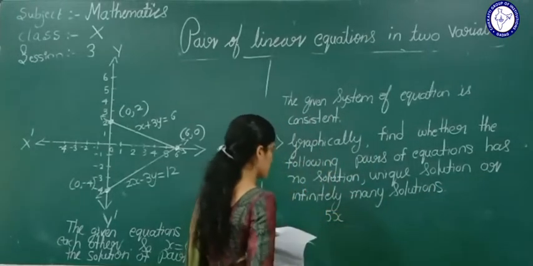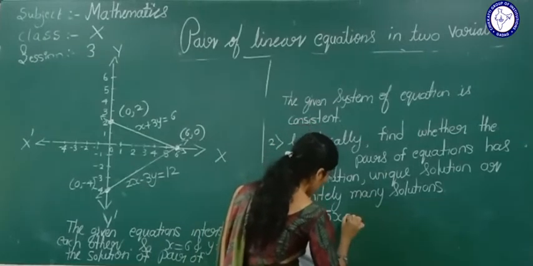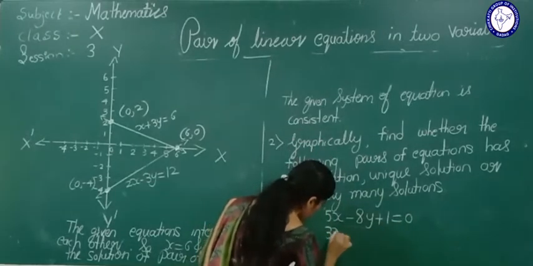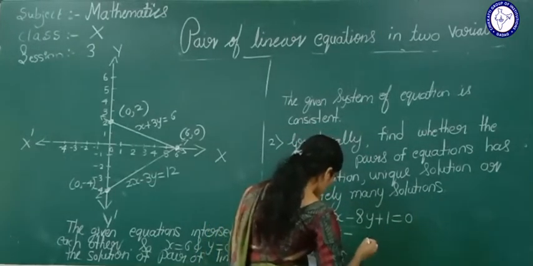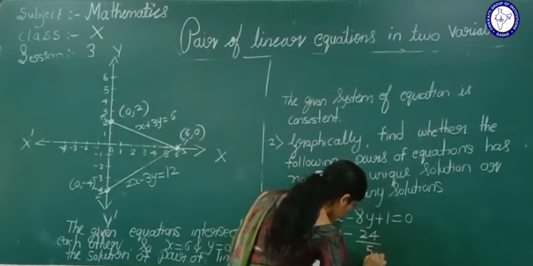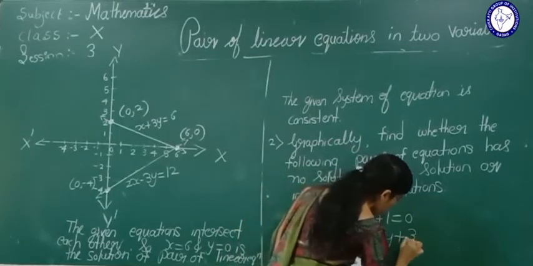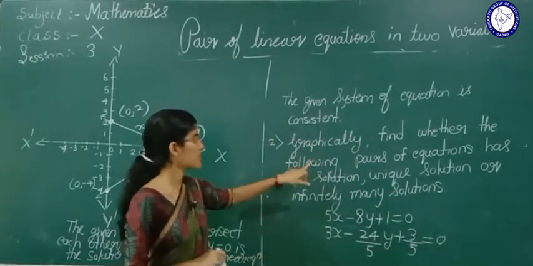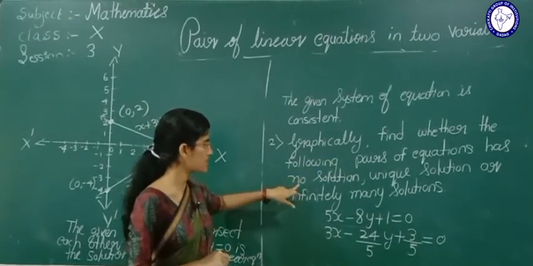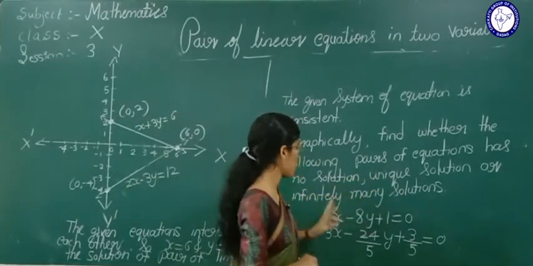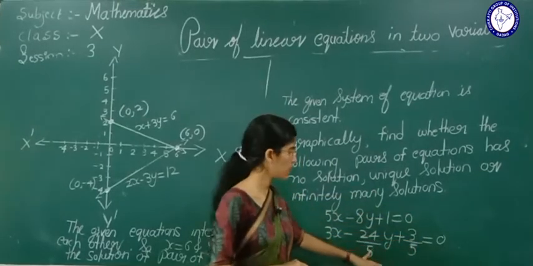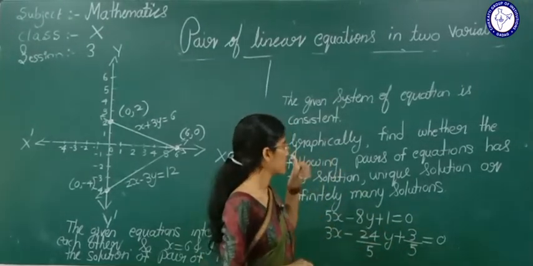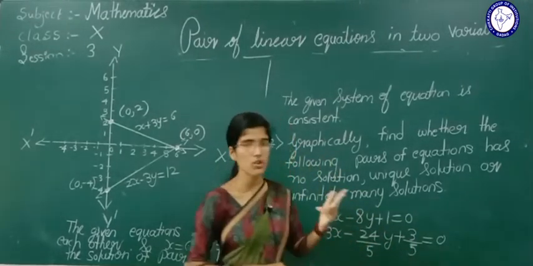The given system of equations are 5x minus 8y plus 1 is equal to 0, 3x minus 24 by 5 y plus 3 by 5 is equal to 0. We have to find out whether this pair of equations has a unique solution, no solution, or infinitely many solutions.